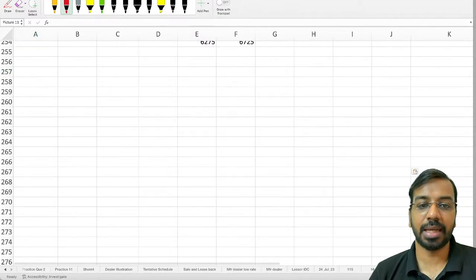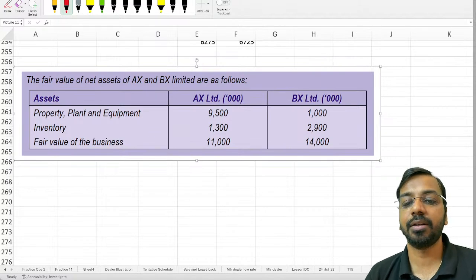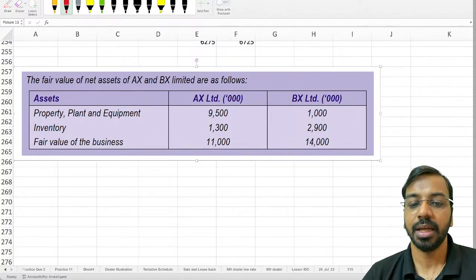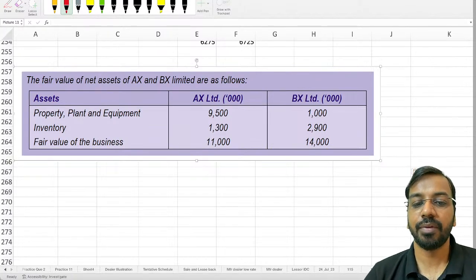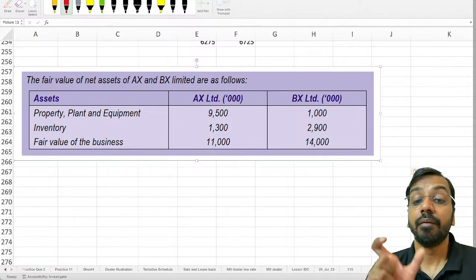The fair values of the assets of AX and BX Limited are given: property, plant and equipment 9,500 and 1,000, inventory 1,300 and 2,900, and fair value of the business totally is 11,000 and 14,000.